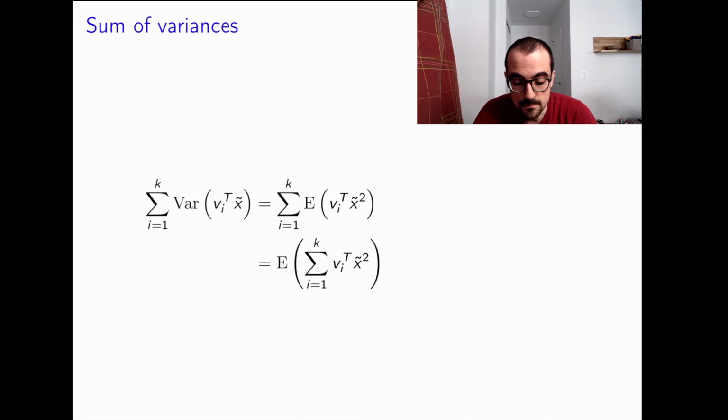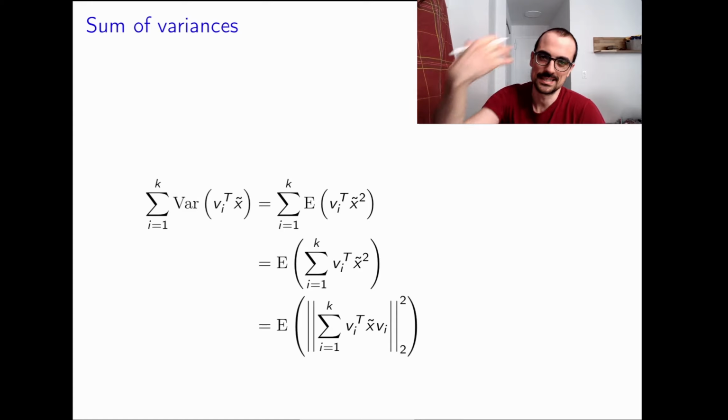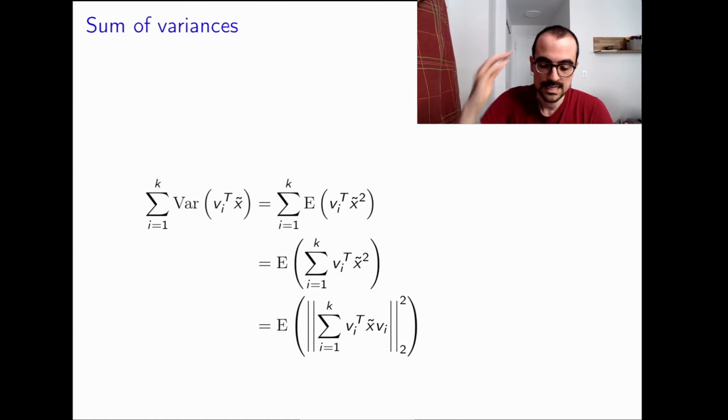And by linearity of expectation, we can just put the sum inside here. Here we're doing exactly the opposite to what we did at the beginning to justify why we're looking at variances. What is this?